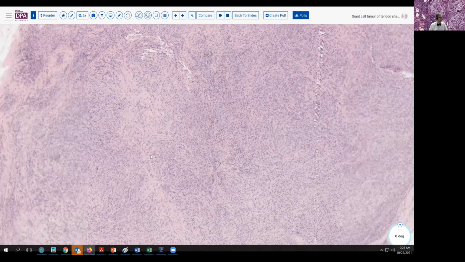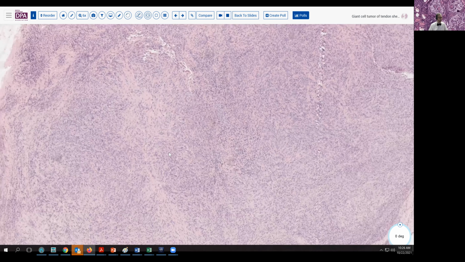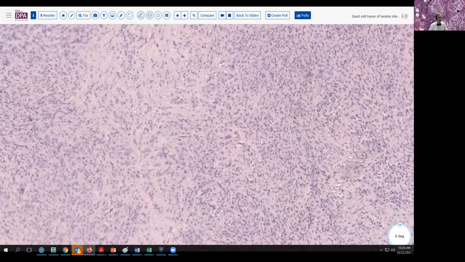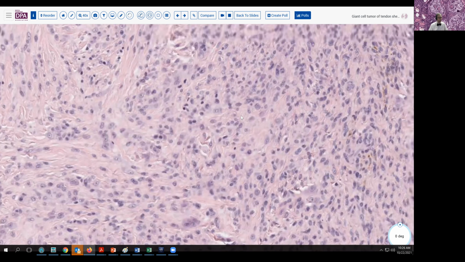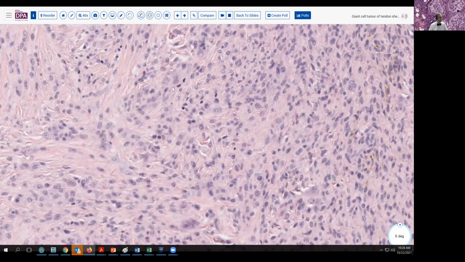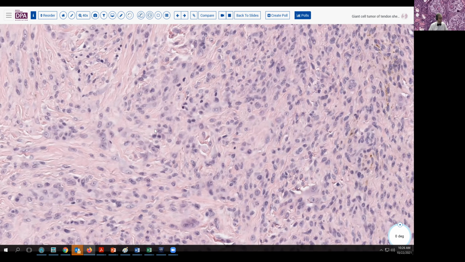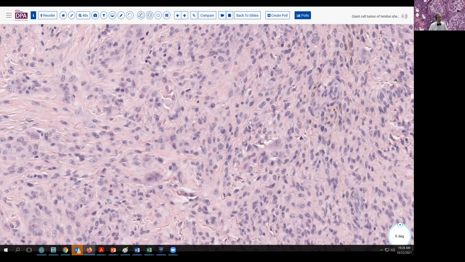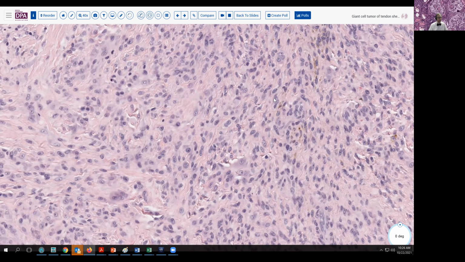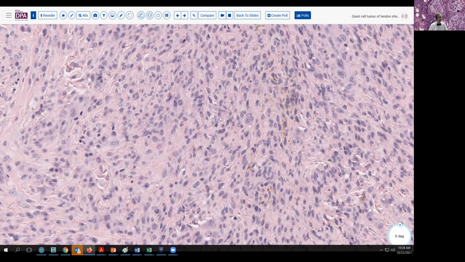a bit of sclerosis in the background, and a mixture of these histiocyte-like cells, with eosinophilic cytoplasm, fairly bland looking, a rare giant cell in this case, a little bit of hemosiderin, not a lot, didn't stand out at low magnification for sure.